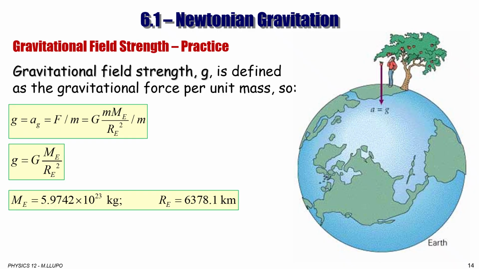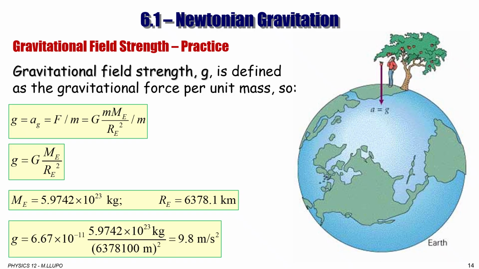In this way, by knowing the mass of the Earth, which is a constant, and the radius at the specific point in that location, for example in North America, we can find that g is 9.8 meters per second squared.